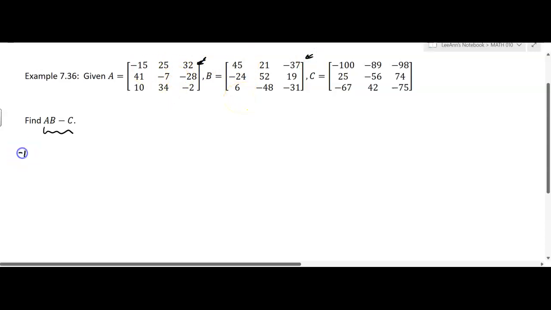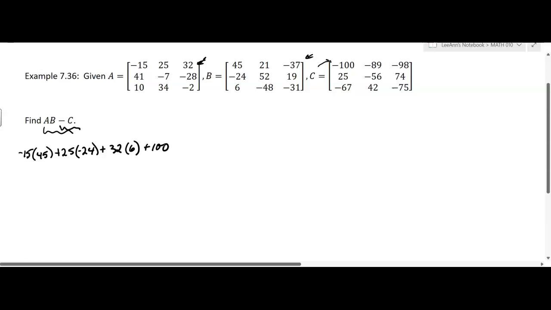That's going to be negative 15 times 45 plus 25 times negative 24 plus 32 times 6. Then I'm going to subtract, because I'm subtracting C. I'm going to subtract negative 100, which is minus a minus 100, or plus 100. That is going to be the first element.